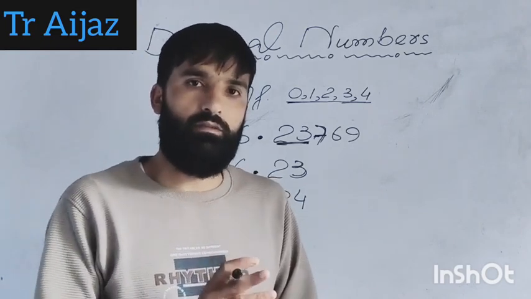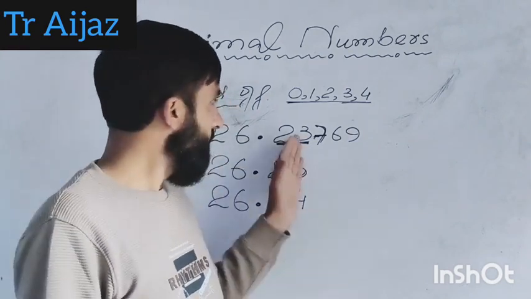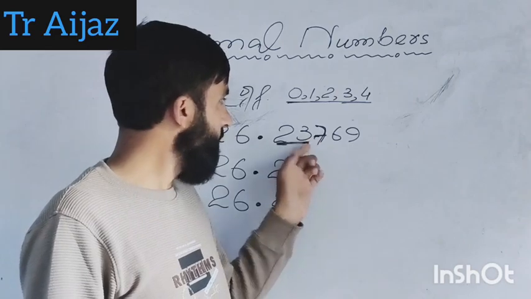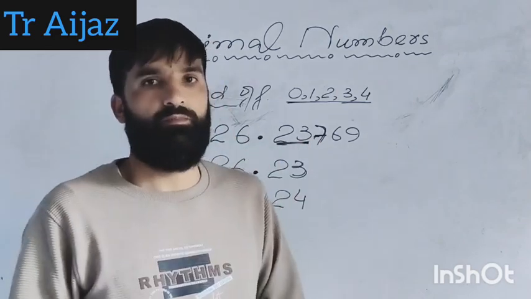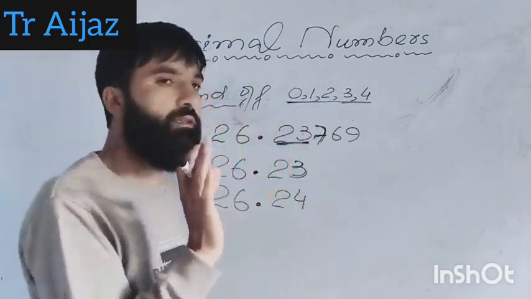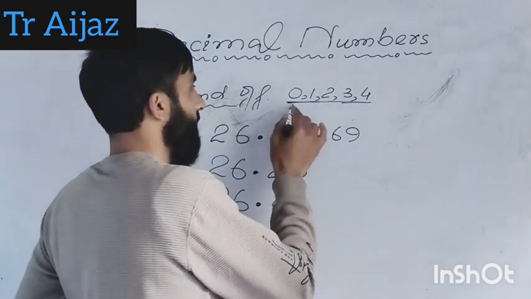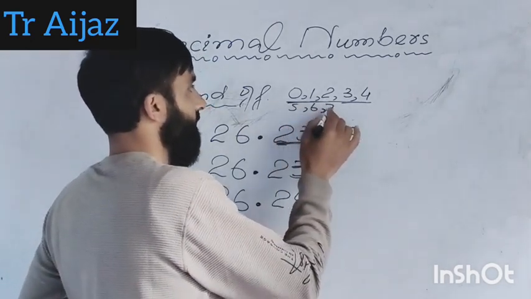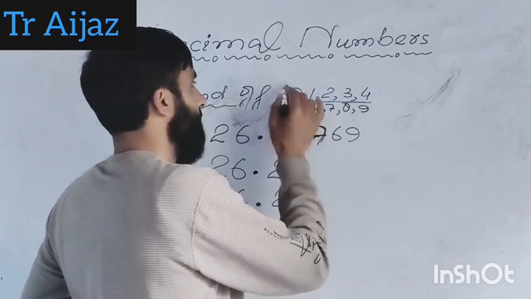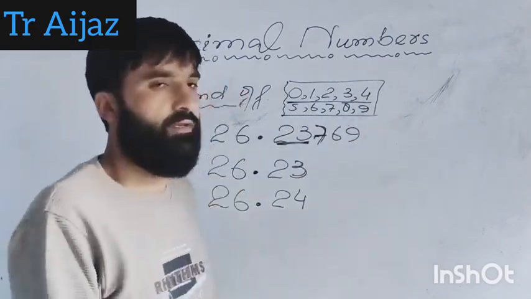Either it will remain 3 or it will become 4. So the rule is, if the digit after this 3, that is 7 this time, is 0, 1, 2, 3, 4, then the 3 will remain 3, there will be no change. But if the digit after this 3 is 5, 6, 7, 8 or 9, then we will add 1.